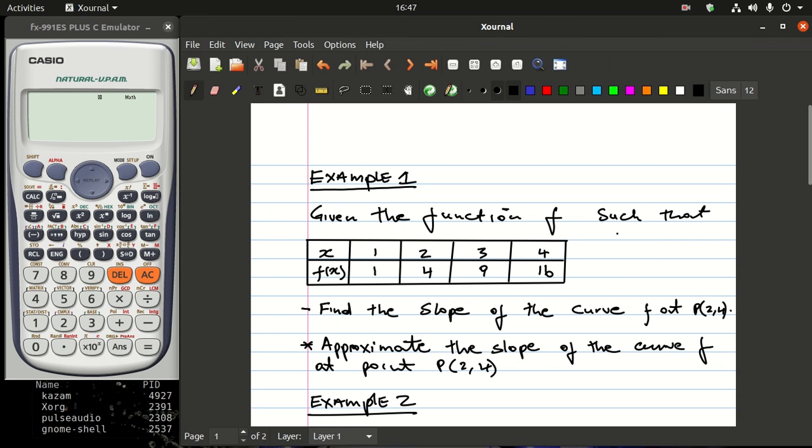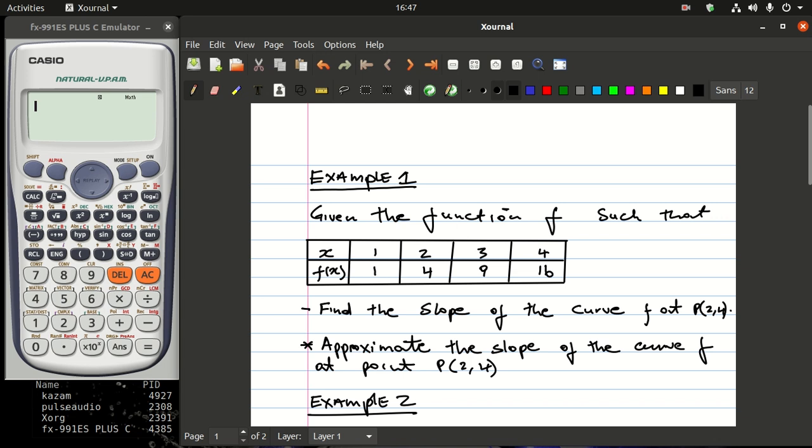Given the function f such that whenever x is equal to 1, f of x is 1. Whenever x is equal to 2, f of 2 is 4. Whenever x is equal to 3, f of x is equal to 9, and so forth. And the question is, find the slope of the curve f at this point P, where x is equal to 2 and y is equal to 4.